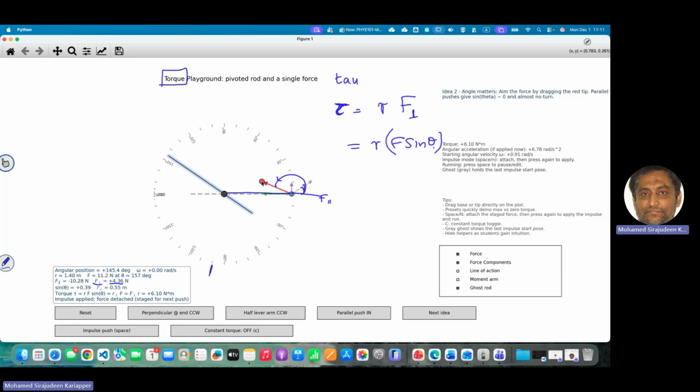For the sine, it is symmetric about the vertical line. So it doesn't matter whether it is 10 less than 90 or 10 more than 90, it is the same value. Good. Your question is valid. I cannot say you cannot make it more than 90. So this is the meaning of making it more than 90.